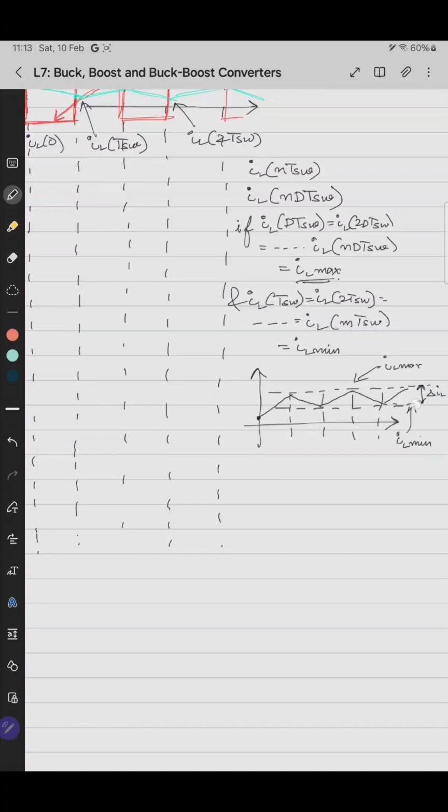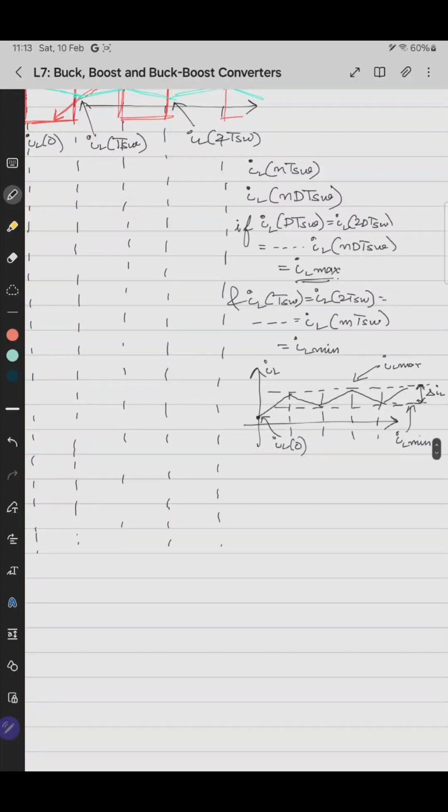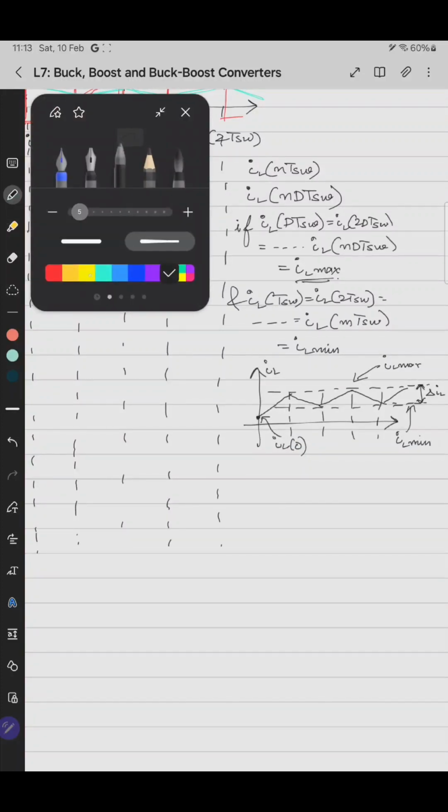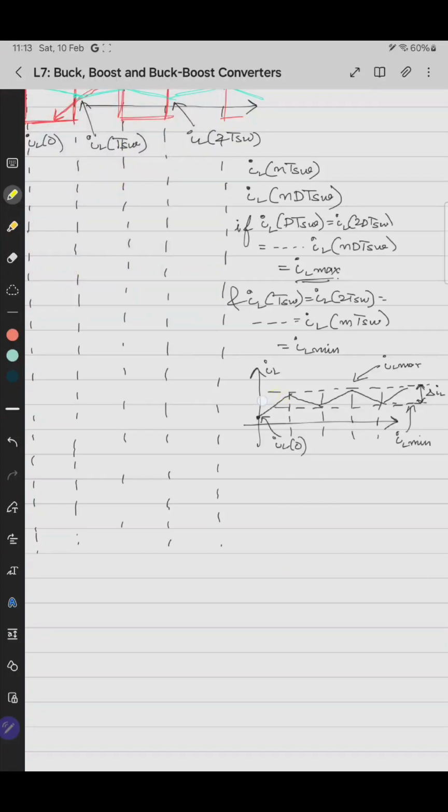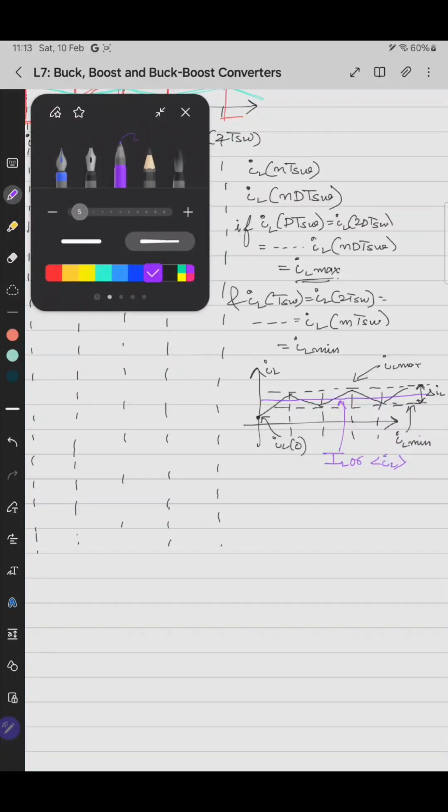This is the delta IL. This is the IL waveform. This is IL of 0 and the average value of it. This is capital IL or average of IL. This is the average value of the inductor current.